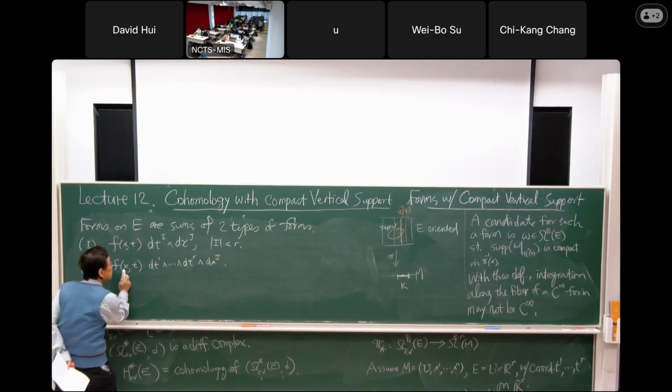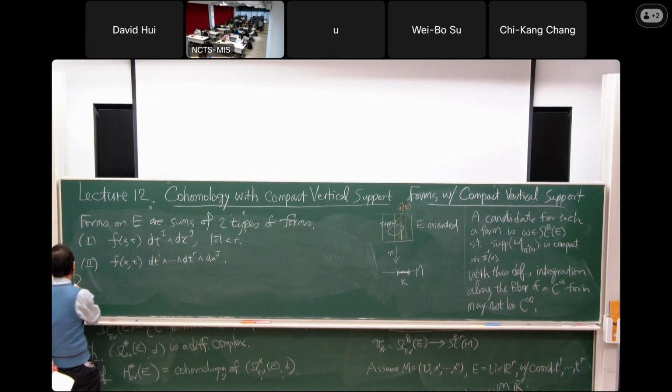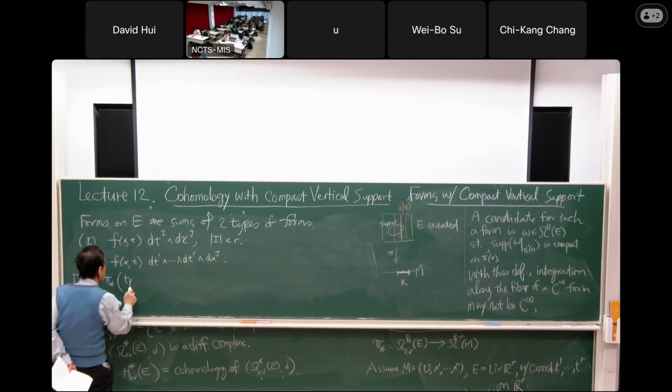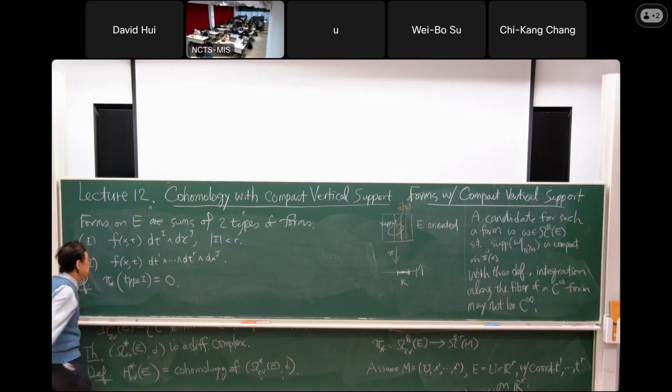And then integration along the fiber on type 1 would just be 0, because you don't have enough DTs in it.